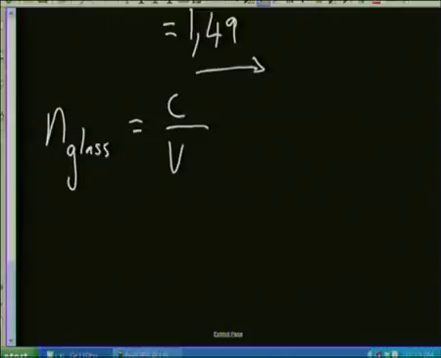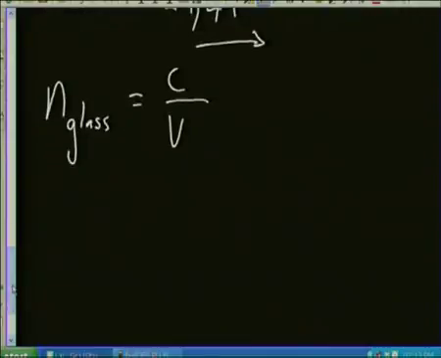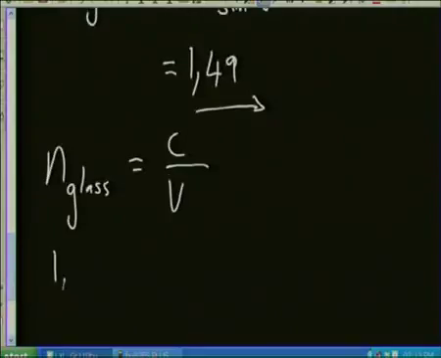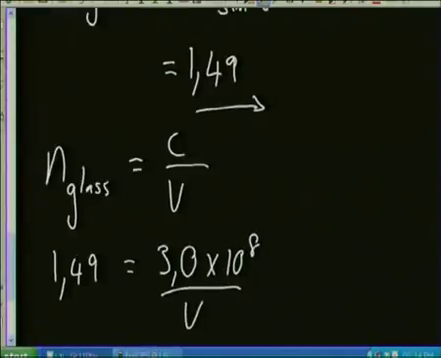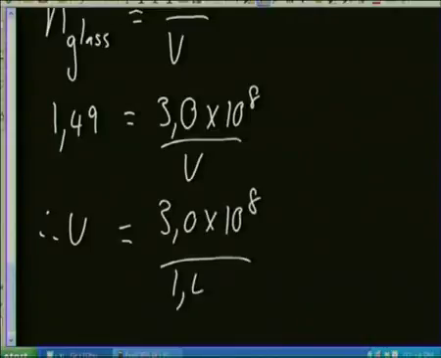We want to get the V, and let's substitute in our values. 1.49 is equal to 3.0 times 10 to the 8 divided by V. Therefore, V is equal to 3.0 times 10 to the 8 divided by 1.49.